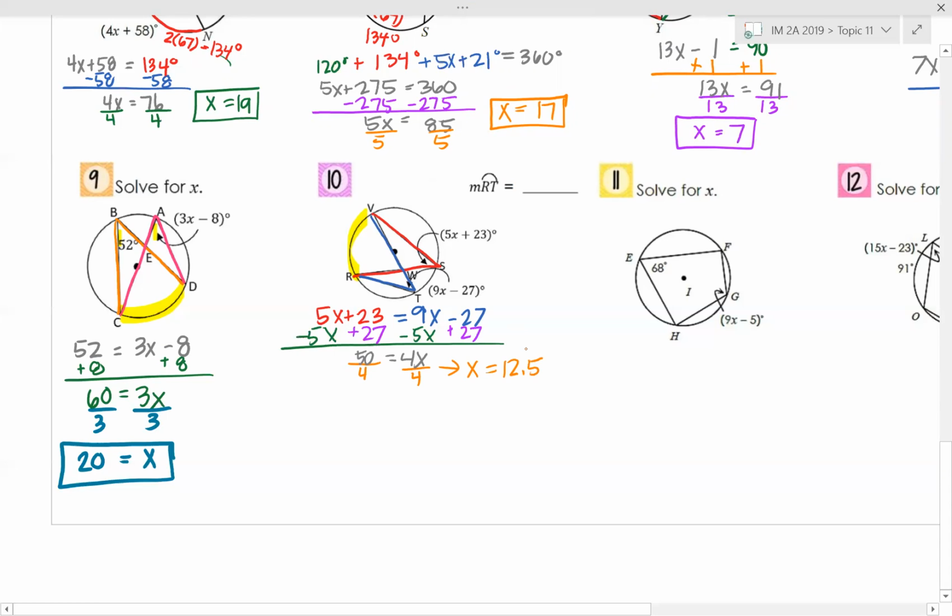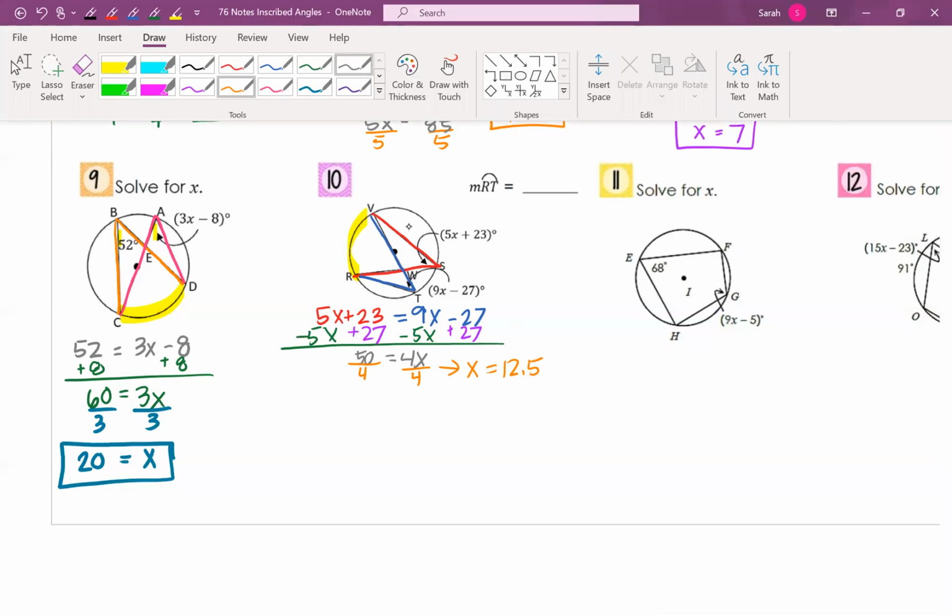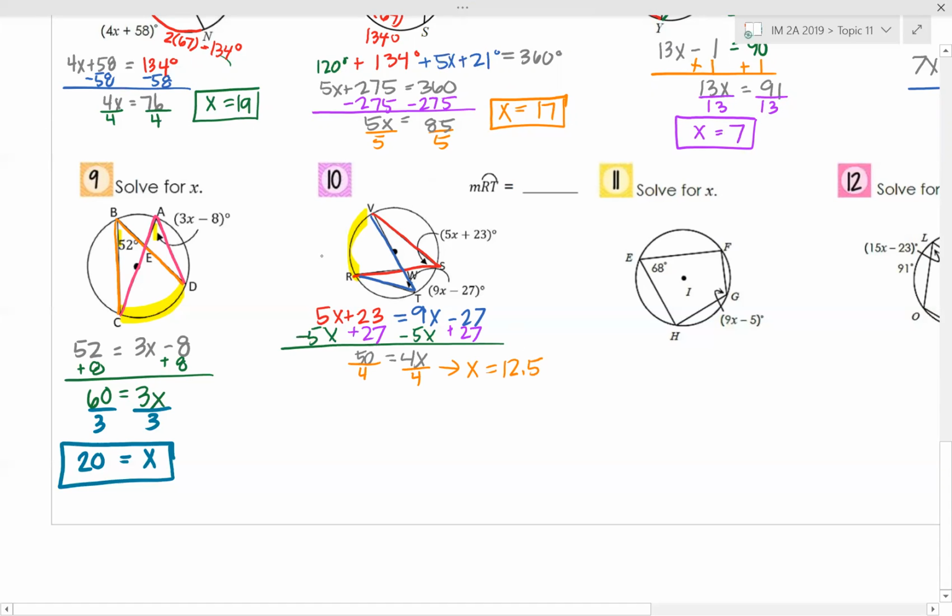There's a couple things to notice here. I can find either one of these angles. It doesn't really matter which one I find. If I find the measure of angle RSV, that's the same as the measure of angle RTV, and I can plug into either one. I'm just going to plug into the one with the 5.